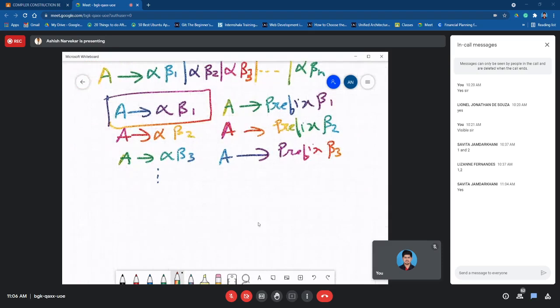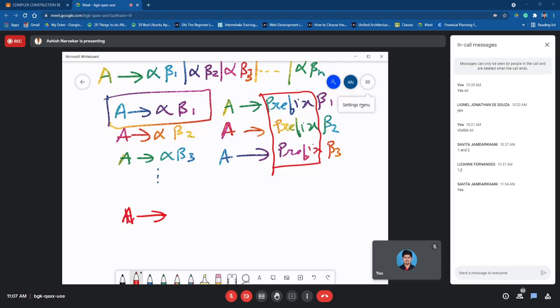Okay, so in short, what is common in all this is this particular prefix, right? So from the left hand side, when we go to the right hand side, we can see that there is some prefix in every production, or a common prefix.